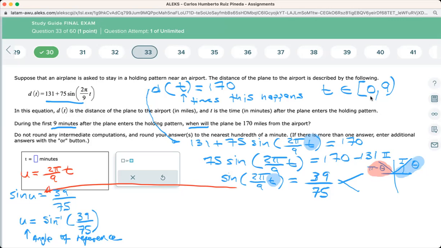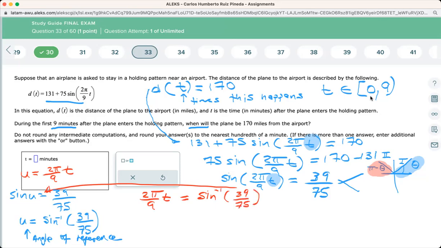But remember, we have to go back to t because we're looking for t, not u. So 2 pi over 9t is equal to the reference angle, sine inverse of 39 over 75.